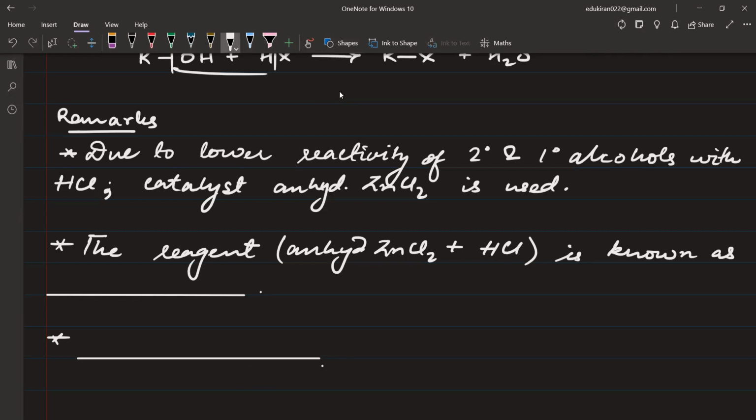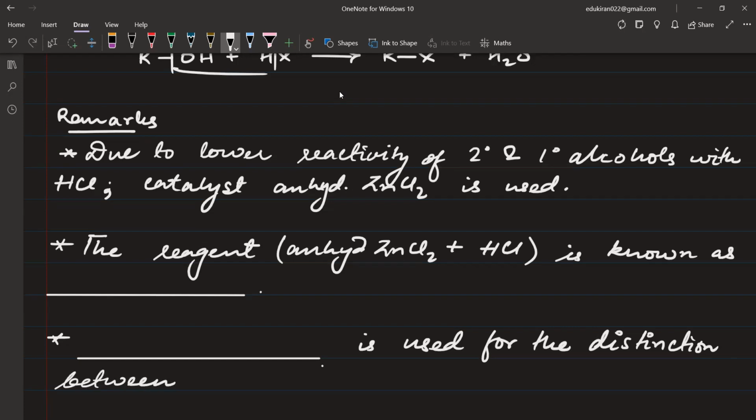The same reagent is used for the distinction between 1 degree, 2 degree and 3 degree alcohols.